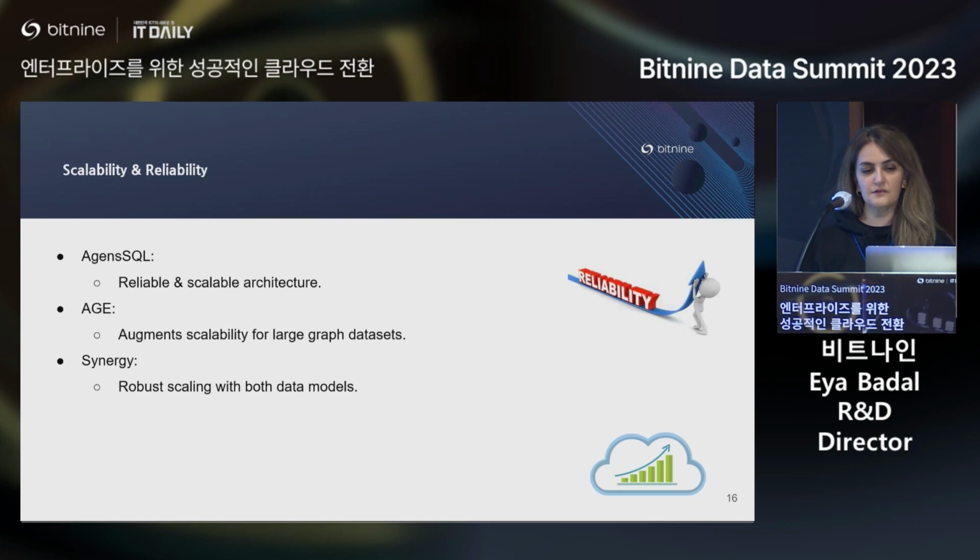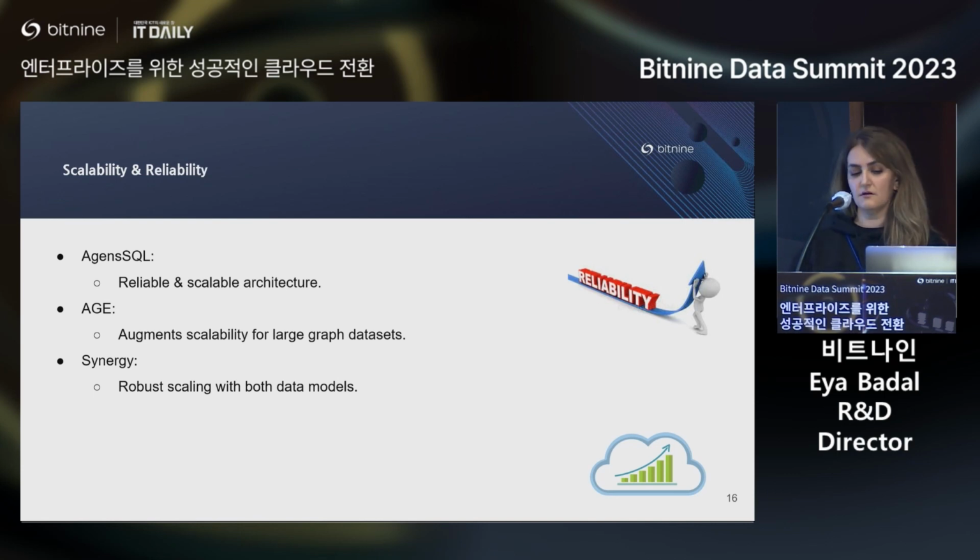AgensSQL also offers a robust architecture, adaptable to varying workloads. Whether you are a growing business or a large-scale enterprise, AgensSQL supports your growth. Meanwhile, AGE excels in managing intricate, large-scale graph databases. So it ensures seamless navigation and performance even as data complexity increases.